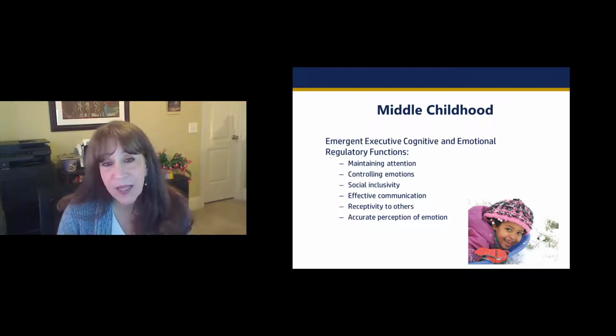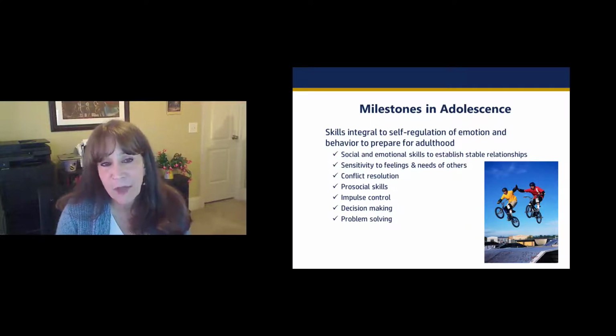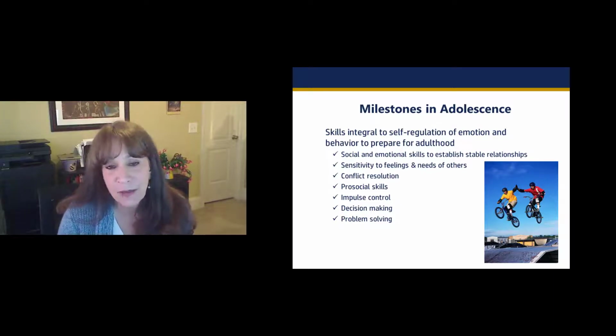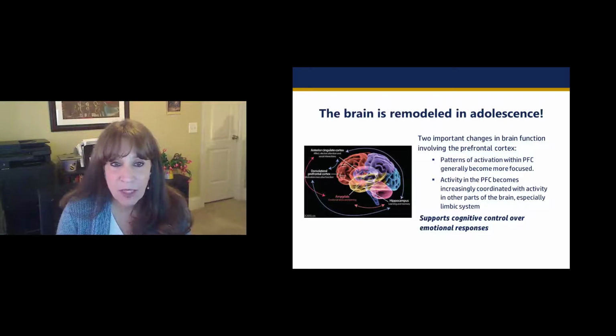We've already got the building blocks going for cognition and emotion regulation. So by the time you get to adolescence, the skills are in place for the regulation of emotion and behavior to be prepared for adulthood. These are mostly executive cognitive skills that are very important to be in place.